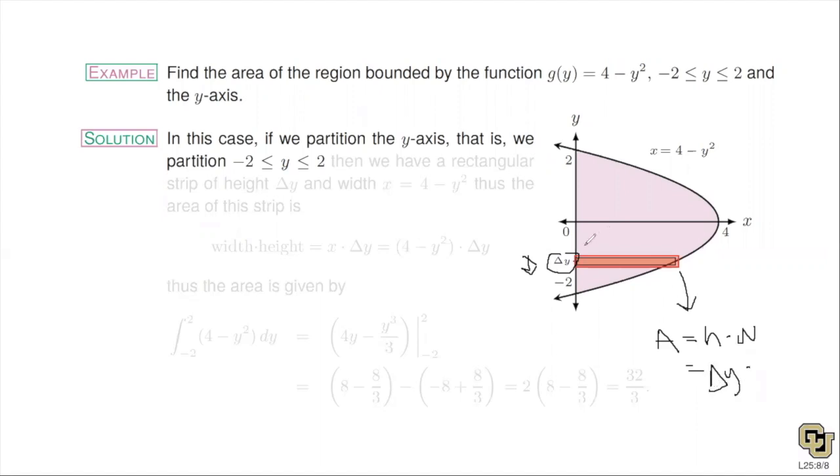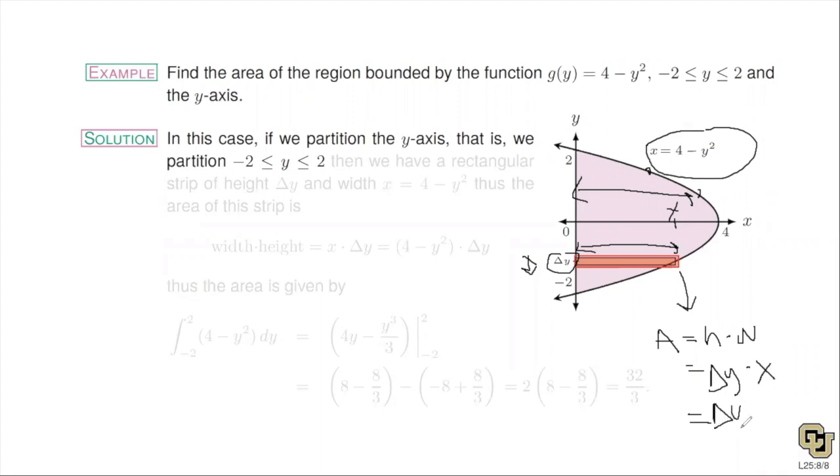Now the width is literally this horizontal distance, which corresponds to x. At any point here on the curve, the width would be this horizontal distance, which is x. But x equals 4 minus y squared. It's not wrong to write the width as delta y times x, but we want everything in terms of y.